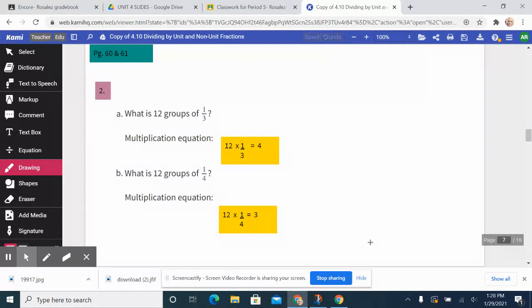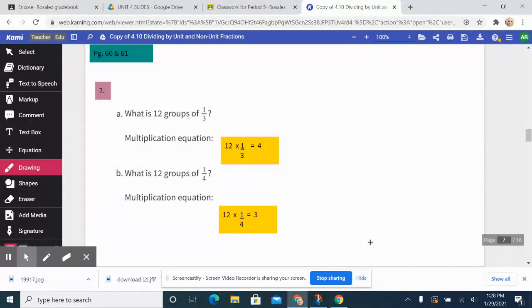So now I'm at number 2. It says, what is 12 groups of 1/3? Your multiplication equation is in the yellow box: 12 times 1 over 3 equals 4. So that's what you will write. Now for letter B, it says, what is 12 groups of 1/4?